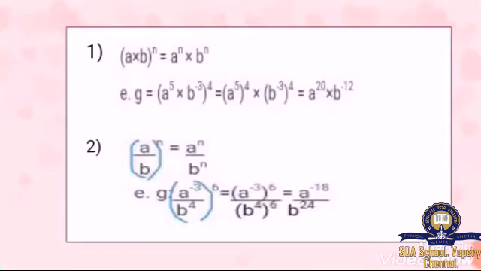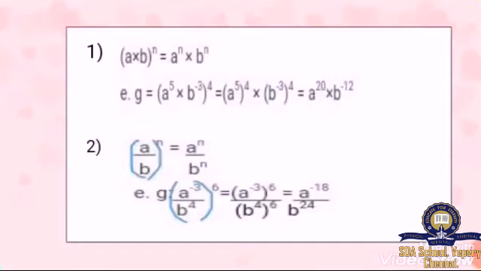According to this, a to the power minus 3 divided by b to the power 4 whole raised to the power 6 is equal to a to the power minus 3 whole to the power 6 divided by b raised to the 4 whole raised to the power 6.